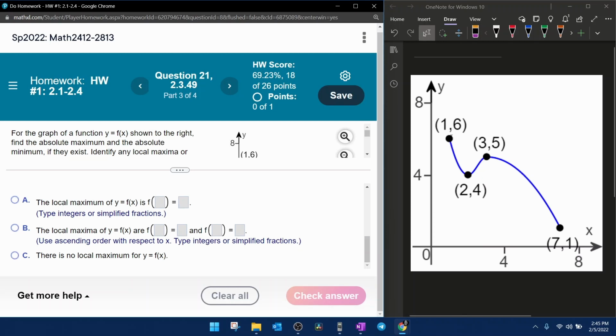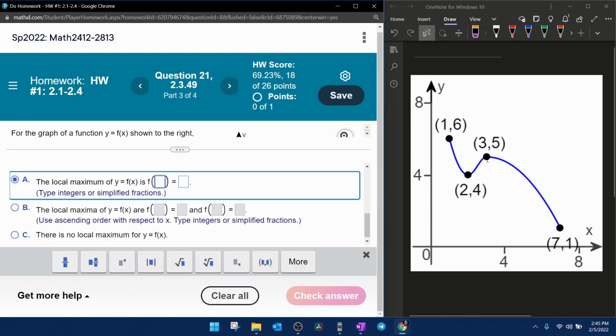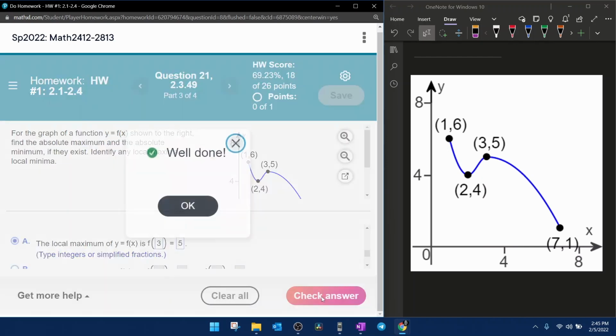These are not the absolute, but it is a high point of the graph where the action occurs. So we can say that there is a local maximum here at this hilltop, but there is only one. The local maximum is when x is 3, y is 5. That should be our local maximum.